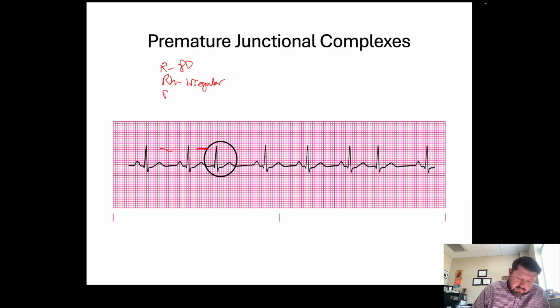My P wave for my underlying rhythm is positive, uniform, but for the PJC it's absent. Most likely it is buried in the QRS complex there.